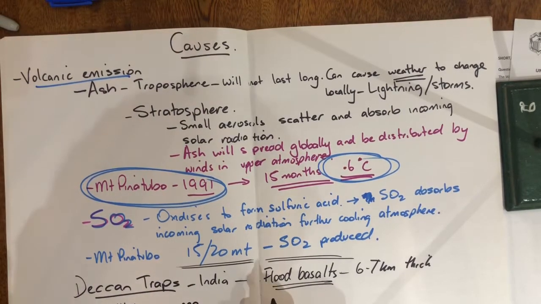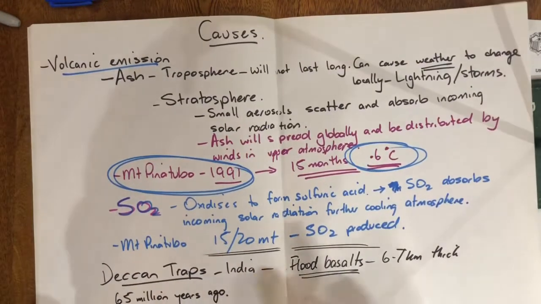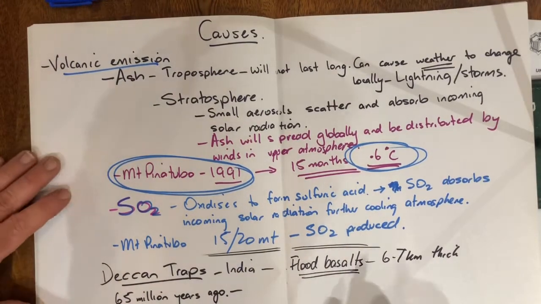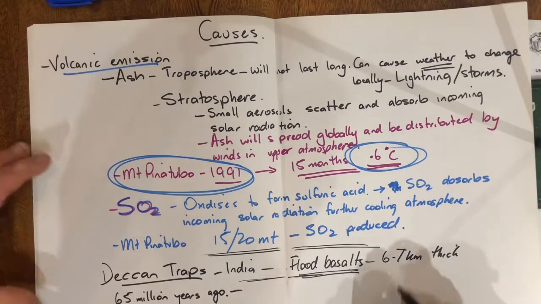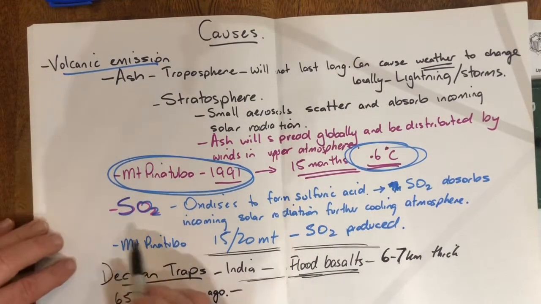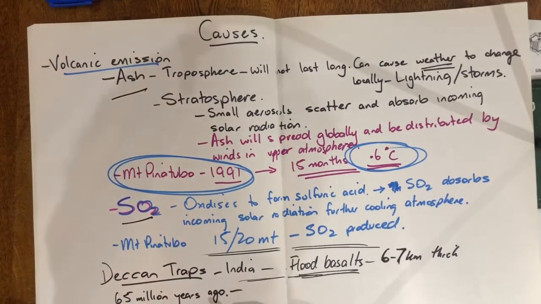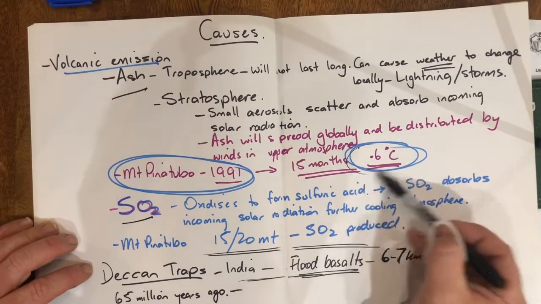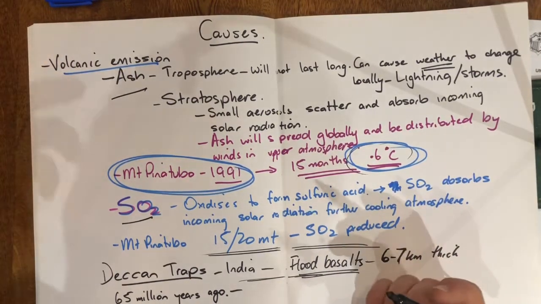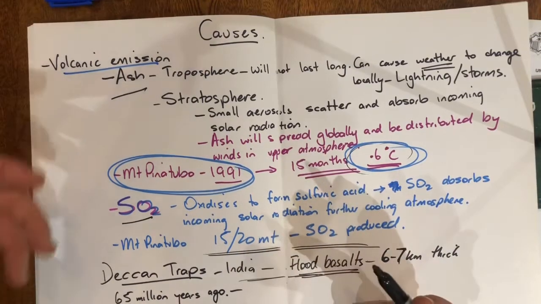Around about the same time as a large meteor impacted Chicxulub and caused the KT, the Cretaceous-Tertiary extinction. It's actually thought that the Deccan Traps were part of that extinction. You see, these massive 6 to 7 kilometer thick flood basalts, and the sulfur dioxide and ash that would have been erupted at the same time, could have caused much larger changes in temperature. And those changes in temperature could have been a trigger to start further cataclysmic change.